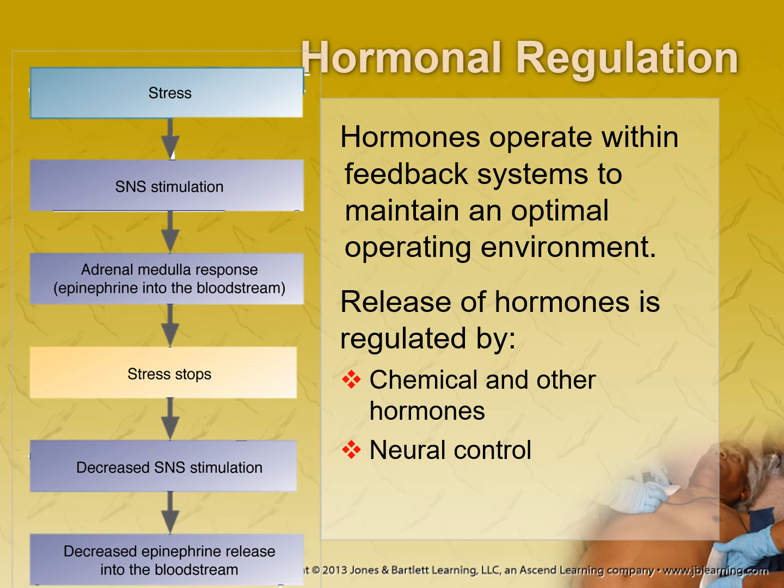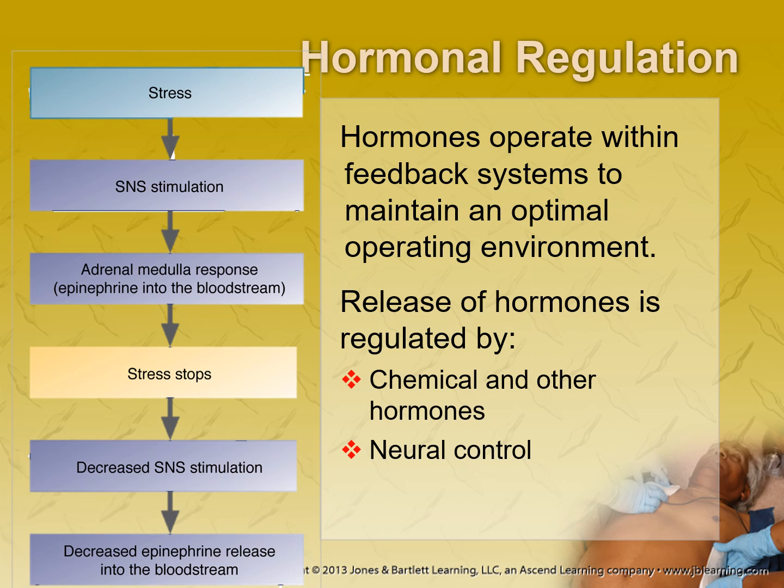Here's a little bit more about the way hormones work and our ability to adapt to our environment. It says hormones operate within a feedback system to maintain an optimal operating environment. We've talked about these in the past. On the right side of the slide, we see stress.